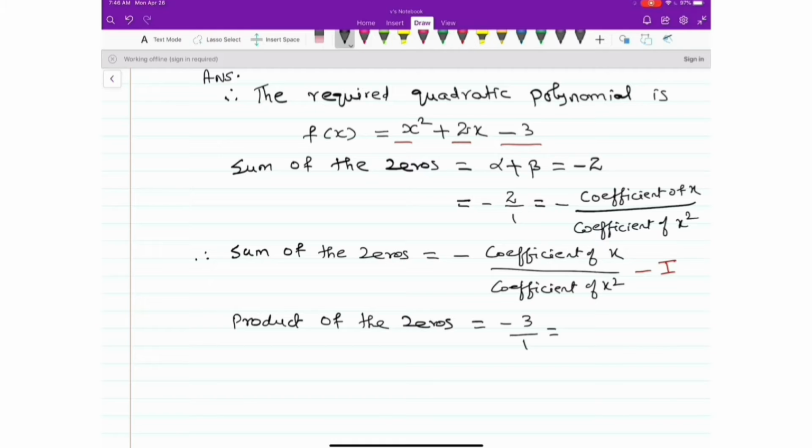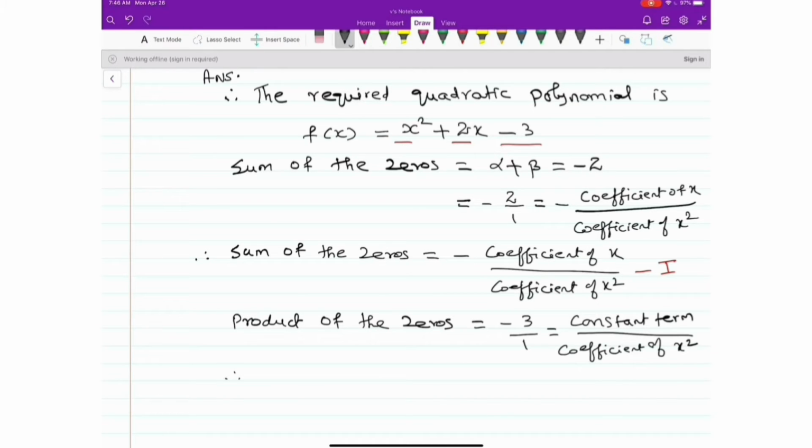So I can write constant term by coefficient of x square. So we verified now, product of the zeros is equal to constant term by coefficient of x square.